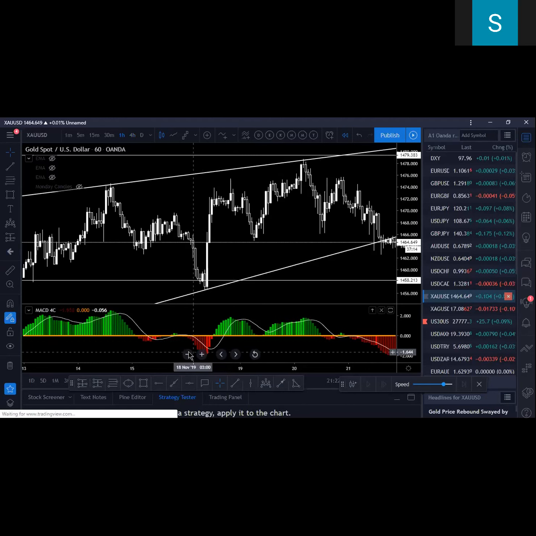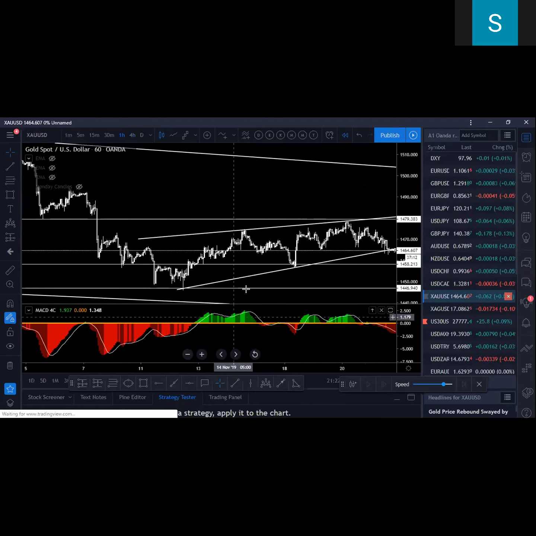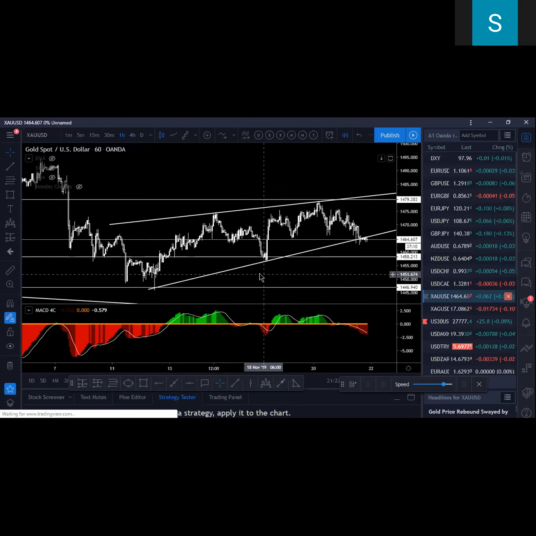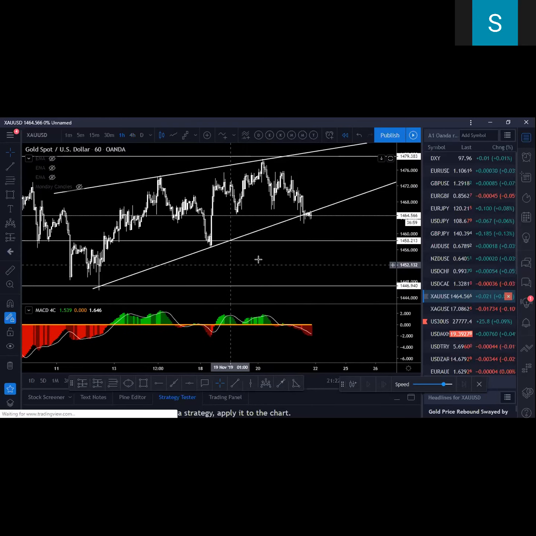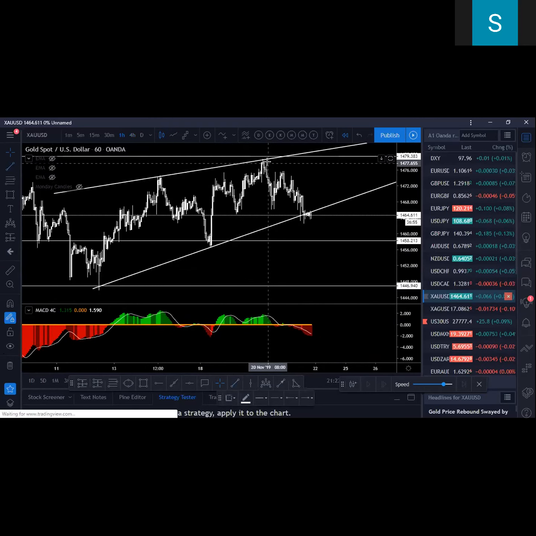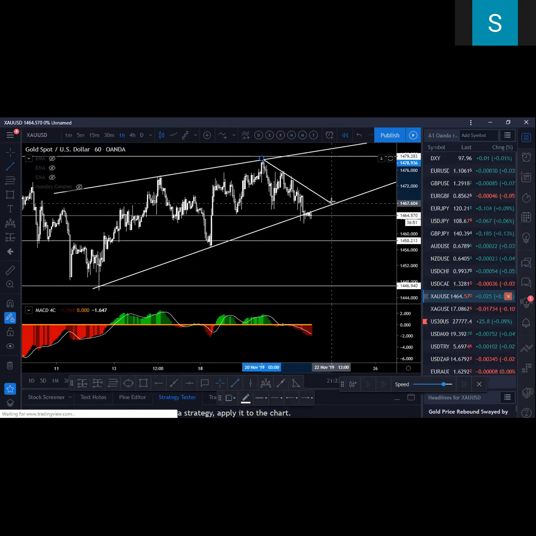All right, so I dropped down to my hourly time frame now. So we had price dropping down. The same rules apply. I could draw my trend lines, again, a nice trend line there.